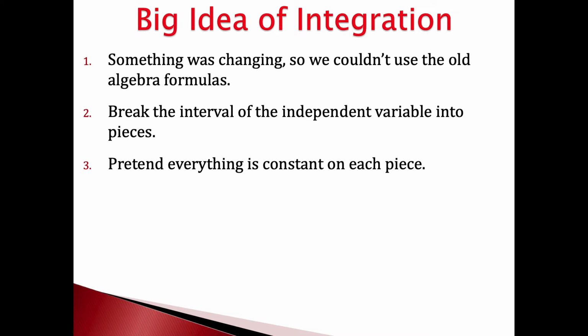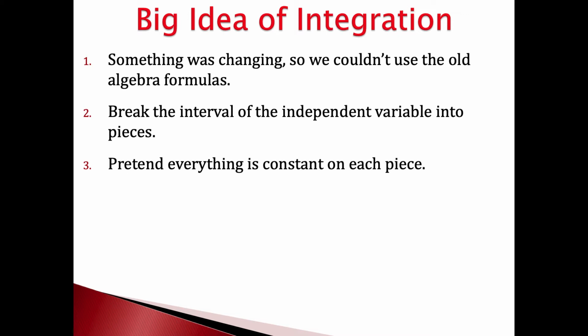So, for example, when we were doing velocity, we pretended that the velocity was constant over each little time interval. Now, of course, it would be a different constant on each interval, but throughout that little interval, we would pretend that the velocity was constant. Or when we were finding area, you might have a graph whose height is changing, right? So it's not a rectangle with a fixed height and a fixed width.